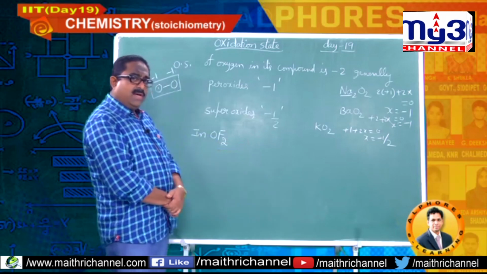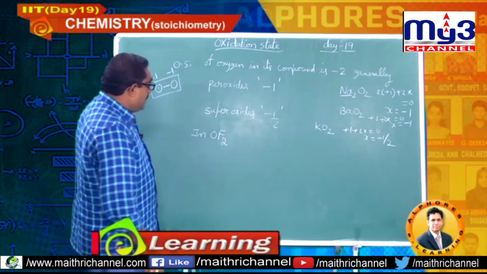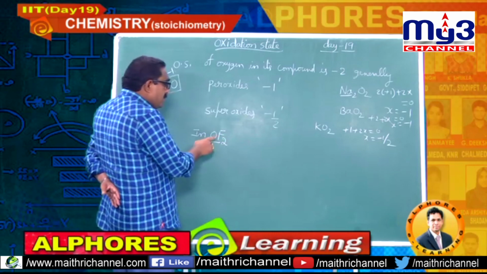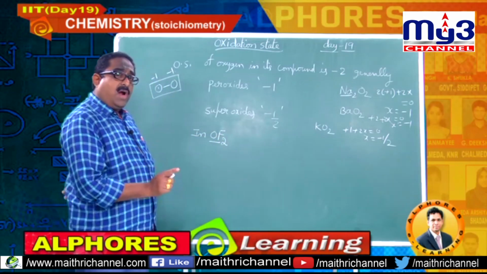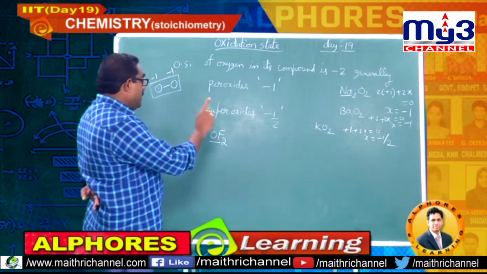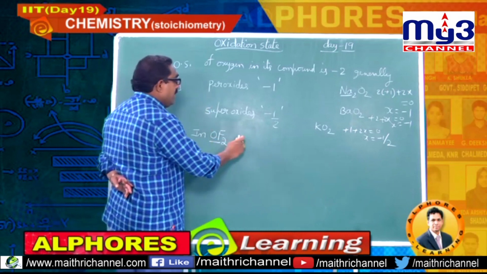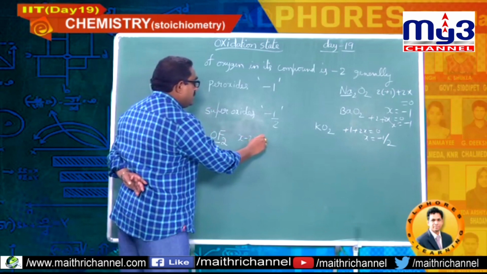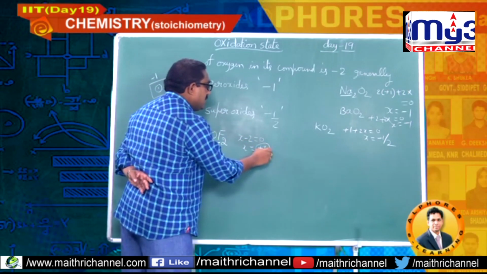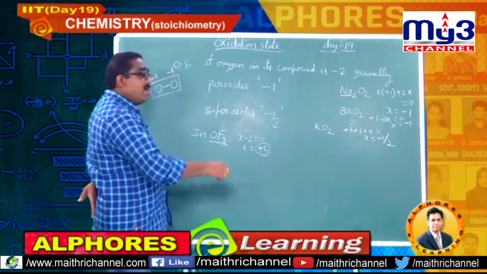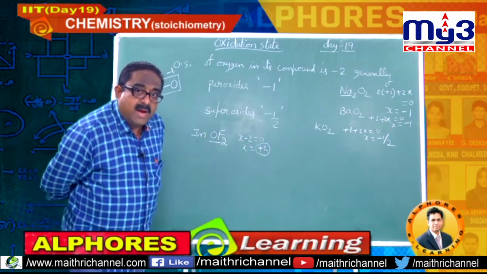So here you are not supposed to fix oxygen, you have to fix fluorine only. Now consider oxygen as x, and for 2 fluorines, the total is 0. So it is plus 2. The oxidation state of oxygen in OF2 is plus 2.